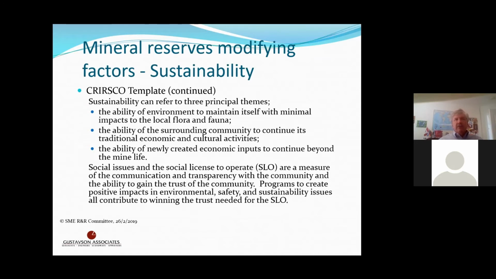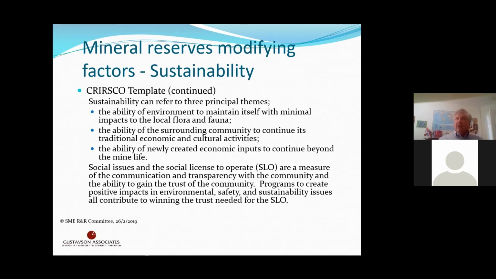And the CRIRSCO template states that sustainability can refer to 3 principal themes. Since we know that mineral deposits are finite and will eventually be mined out, what does sustainability mean? Can this be mined and allow the environment to maintain itself with minimal impacts?